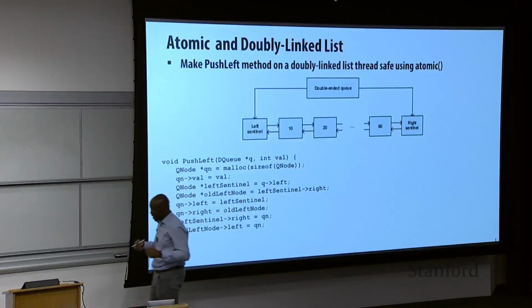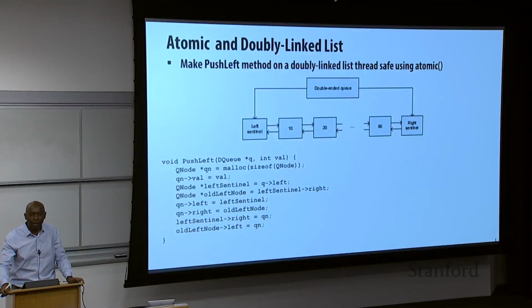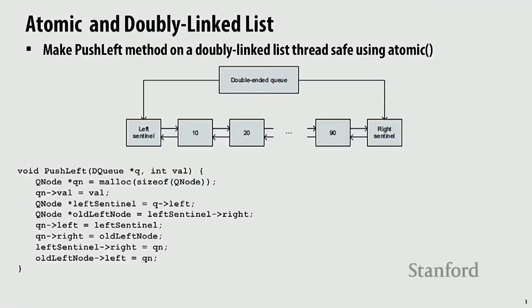I'll give you a couple of minutes to look at the code, and you can consult with your neighbor, and then we'll ask for a solution for how we make this code thread safe with transactions. As soon as somebody has a solution, let me know.